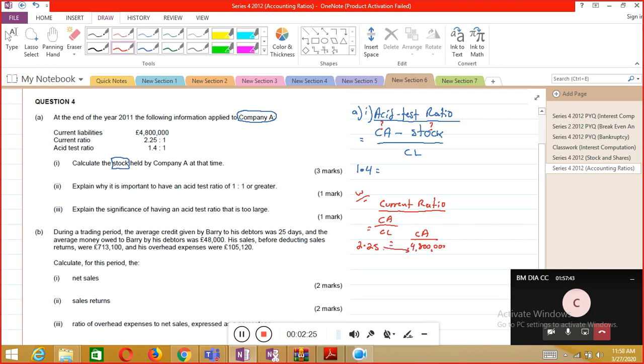From here to here you multiply. So how much is your CA? That will give you 10.8 million. Correct, guys, check. Is that correct?